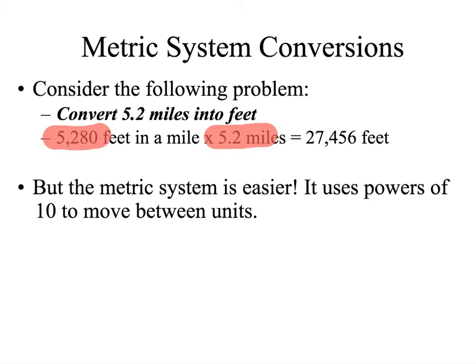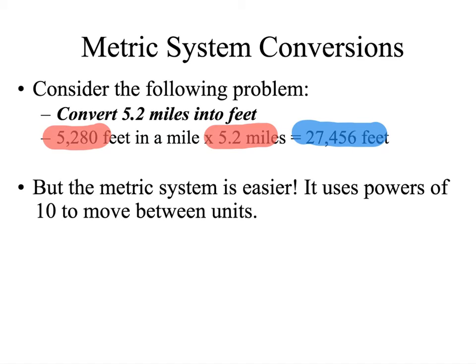You probably have to get out your calculator or maybe do some longhand multiplication, and eventually you figure out the answer is 27,456 feet. That's very complicated, and it has a lot of different conversion factors depending on where you're going. If you wanted to go inches into miles, you would have to know 12 inches per foot and then 5,280 feet in a mile. And there's nothing very standard about it.